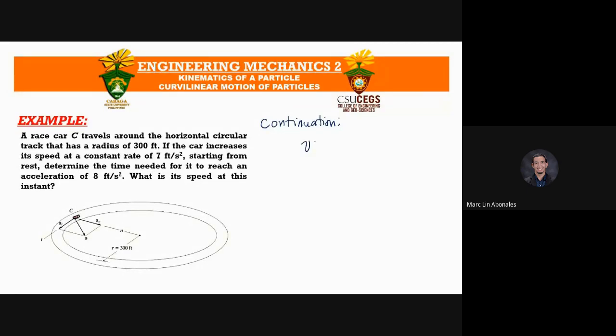So ang velocity nato na gi-solve kanina was equal to 7t. So the velocity is equal to 7 times 4.87. And therefore the velocity of the race car at the instant kung asa ma-reach niya ang 8 feet per second squared is pila atong value sa to ang velocity? 34.09.